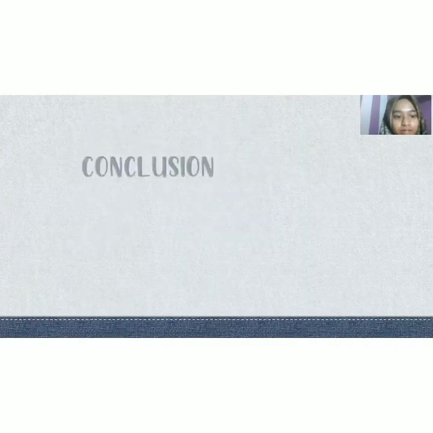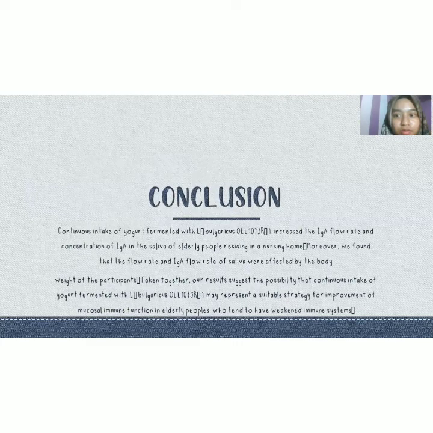So, finally, the conclusion from the research is that continuous intake of yogurt fermented with Lactobacillus bulgaricus increased the IgA flow rate and concentration of IgA in saliva of elderly people residing in a nursing home.